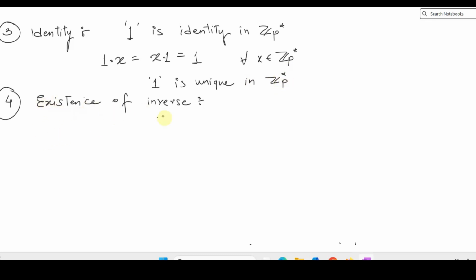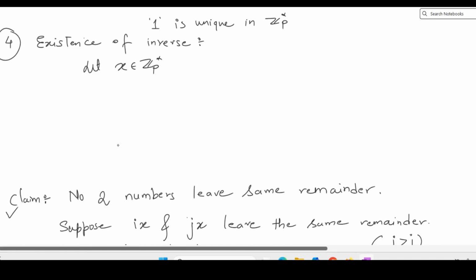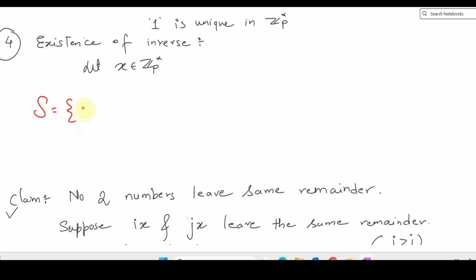Now next is existence of inverse. So let x be from Zp star, we will find its inverse. And also we will prove that the inverse of x is unique. For that, I'm constructing a new set S like this: x, 2x, 3x, 4x, up to (p minus 1)x. x is any element from Zp star, that means x is greater than or equal to 1 and less than or equal to p minus 1.